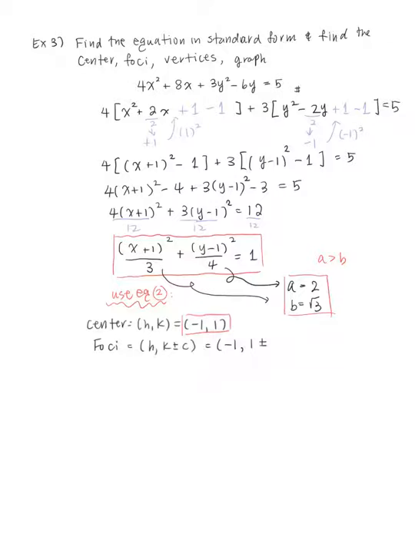So if you look at the formula, c squared is a squared minus b squared. So that means c squared is 4 minus 3, which is 1. So looks like c is going to be 1. So here you're going to go 1 plus or minus 1, which gives us negative 1 comma 2 and negative 1 comma 0.